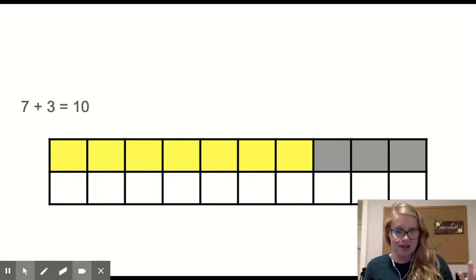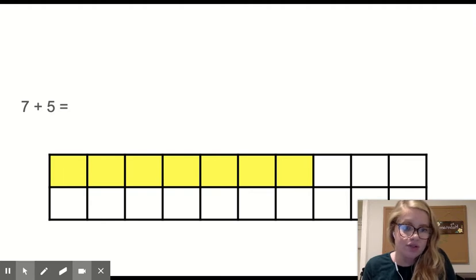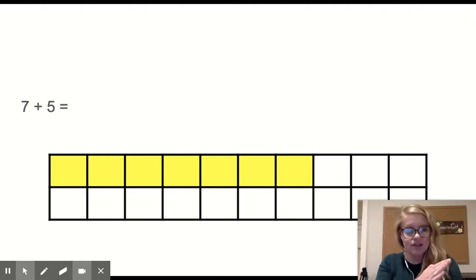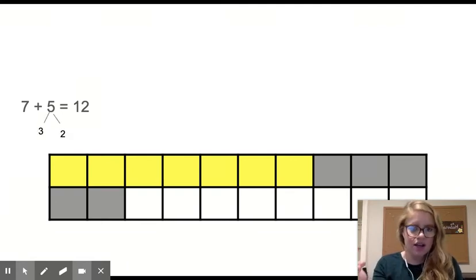So we add 3, and then we have a full bar. We've made 10. Okay, if we have a number that's a little bit trickier, so let's say we have 7 plus 5 instead of 7 plus 3, we would still want to add 3 first to make 10. Whatever is left over is going to go into that second bar. So we turn that 5 into a 3 and a 2.